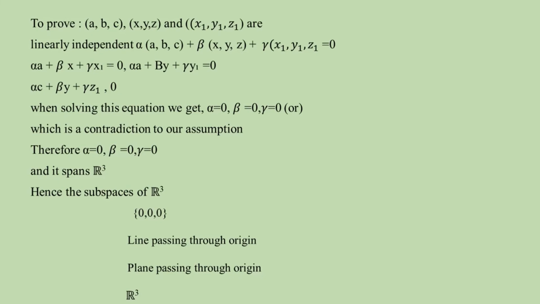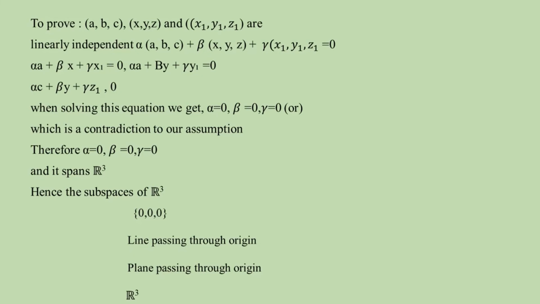Otherwise, we get c by a equal to z by x equal to z1 by x1, and b by c equal to y by z equal to y1 by z1, which is of the form of a vector in that line t times (a, b, c). Therefore this is a contradiction to our assumption that we take a vector which is not on the line.